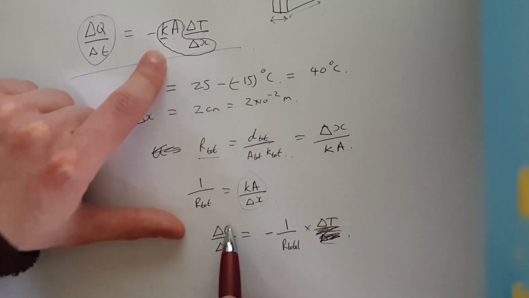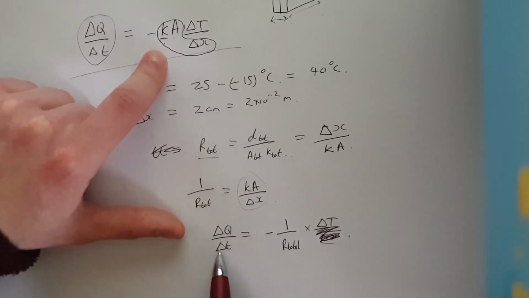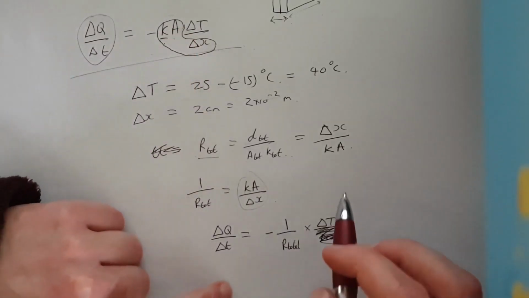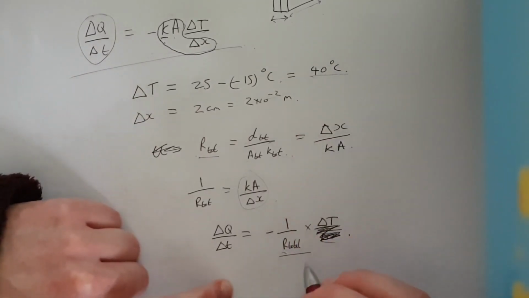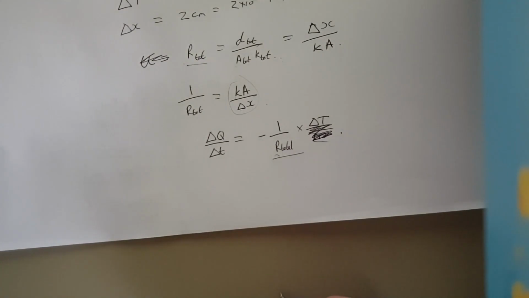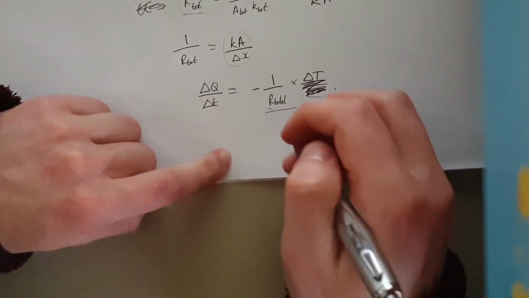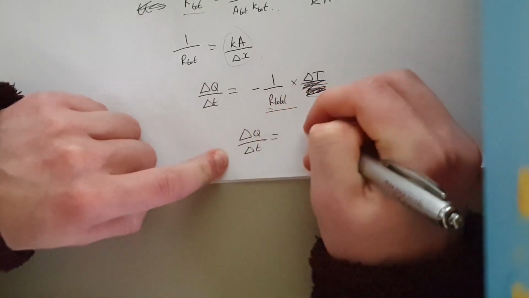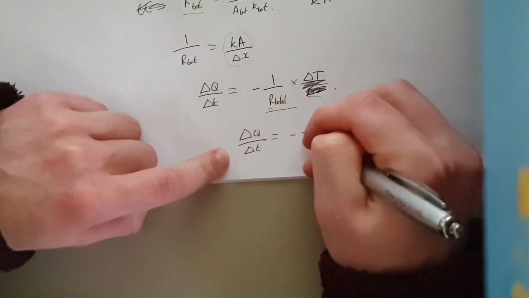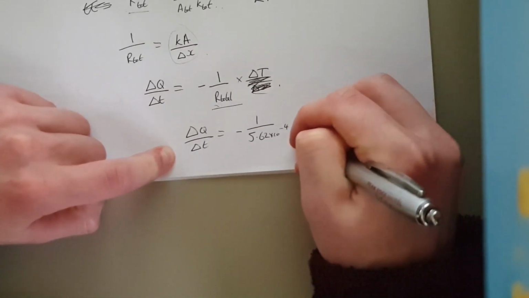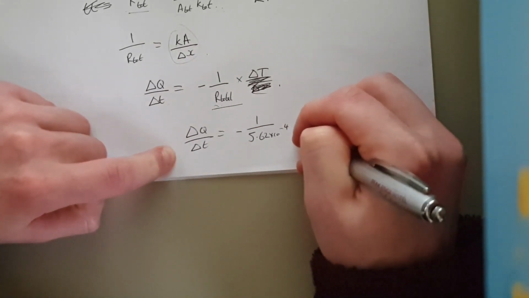We know delta T is 40, and R total from before was 5.62 times 10 to the minus 4 Kelvin per watt.